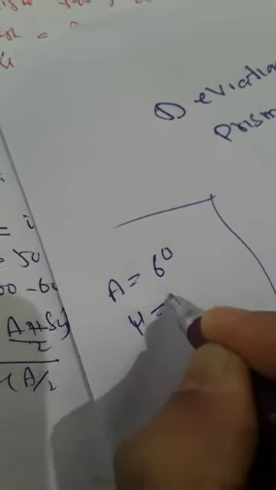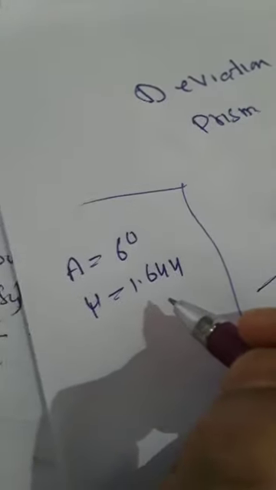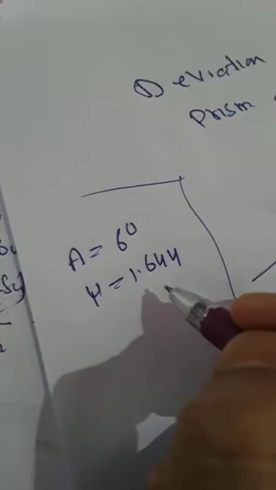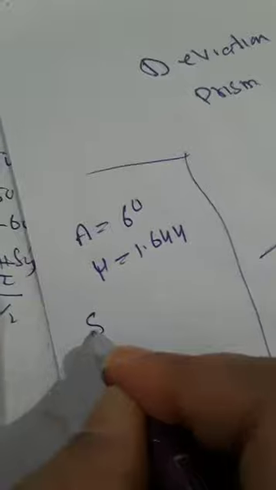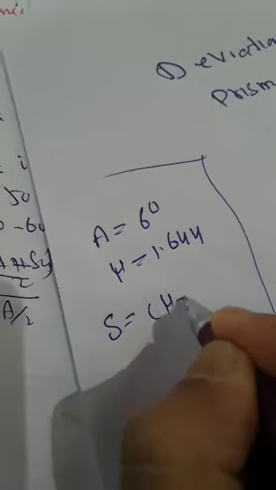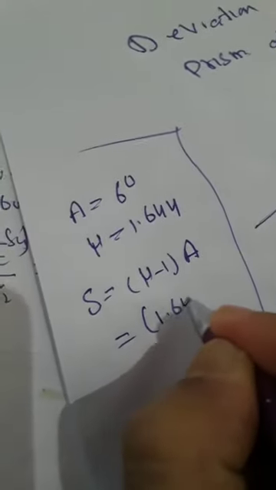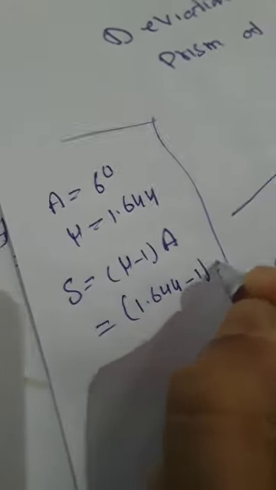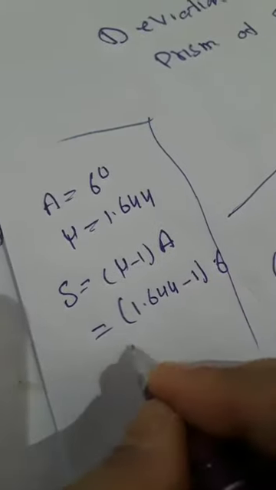The angle of prism is given, A is equal to 6 degree. The refractive index is also given, 1.644. That means it is a small angular prism, so the deviation produced is delta equal to (mu minus 1) into A. Mu is 1.644, minus 1, into 6 degree.